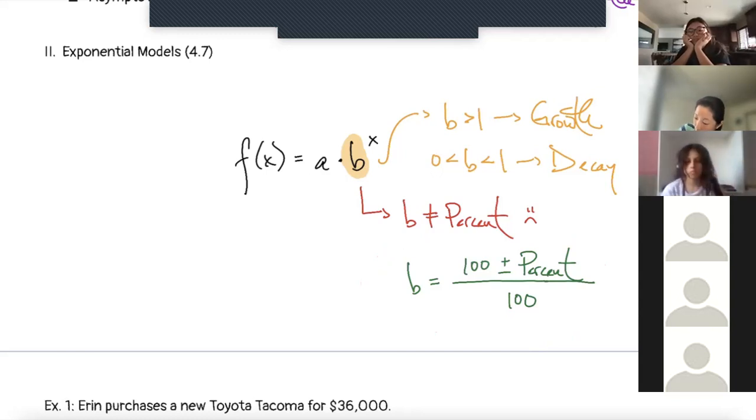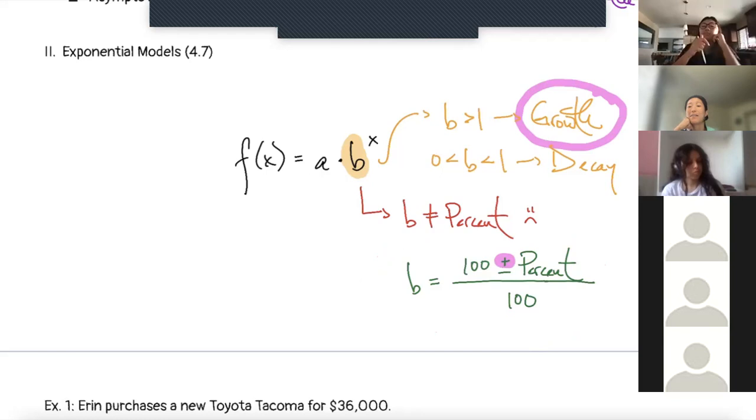If you see a growth situation, you're going to add that percent. That should make sense because if we're growing, we want to keep adding more and more. Specifically, we're going to multiply by a number bigger than 1.